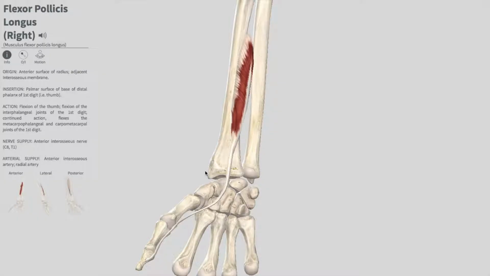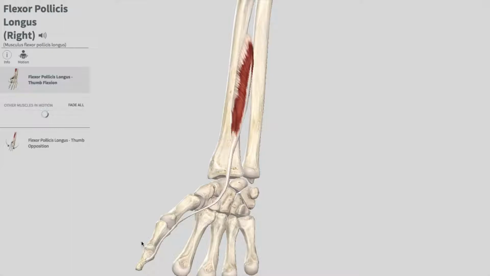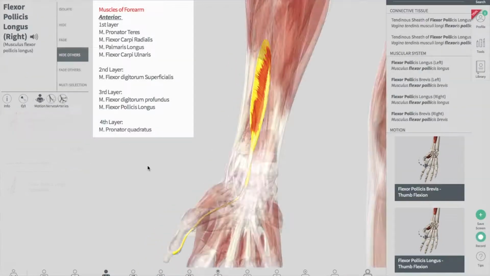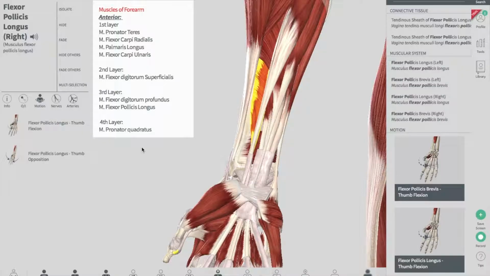And the function of this muscle is also in the name, flexor. It flexes the thumb. I can show you on this program as well, I guess. Here, it flexes the thumb, as this muscle is responsible for. And then the fourth layer is going to be musculus pronator quadratus. Musculus pronator quadratus is here.